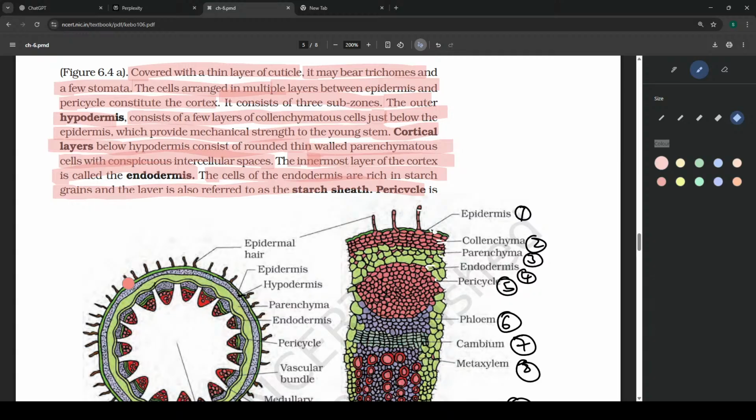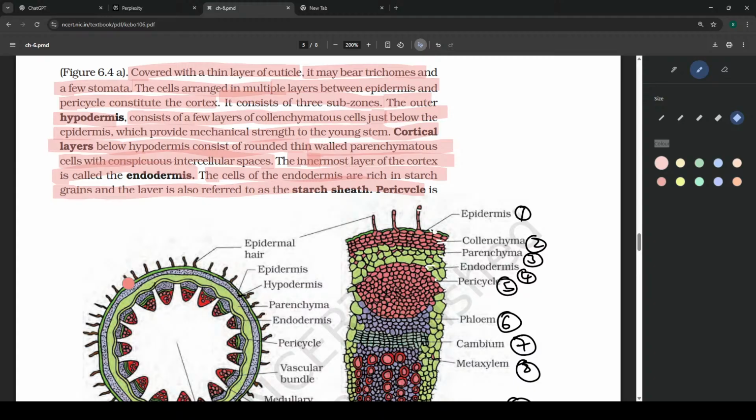the dicot stem, everything is similar, with epidermis cells constituting trichomes, and below the epidermis there is the hypodermis, made of collenchymatous cells, with multiple layers between the epidermis and the pericycle.